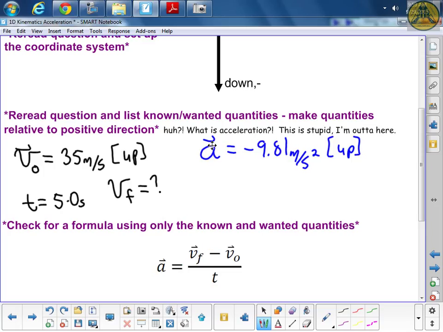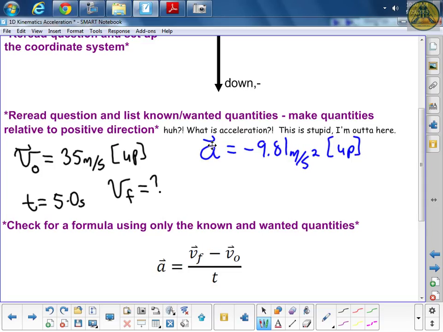Remember, for any object that is thrown or tossed into the air, the acceleration is instantaneously going to start being negative 9.81. As soon as it leaves your hand, it's going to start slowing down by 9.81 meters per second squared. Again, we're only throwing objects up or down, not at an angle.